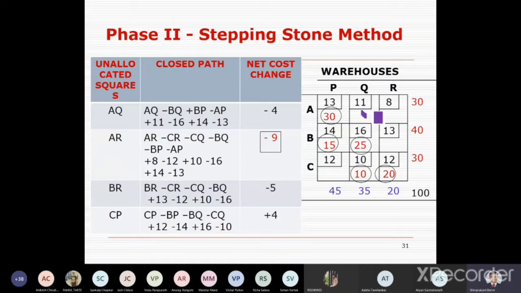For making this closed path, the rule is that you have to mark either horizontal or vertical lines. You cannot use any diagonal line.